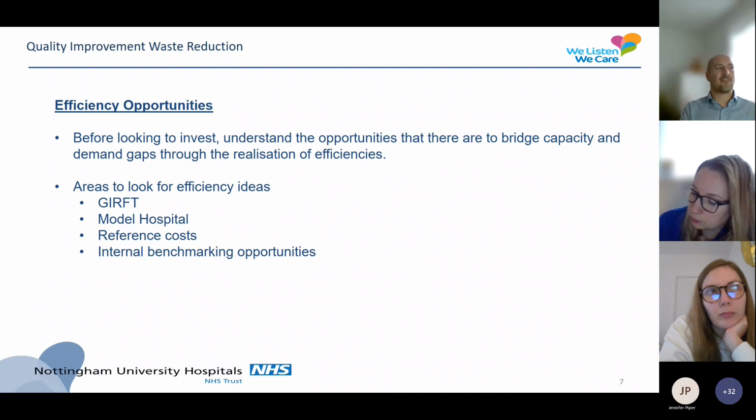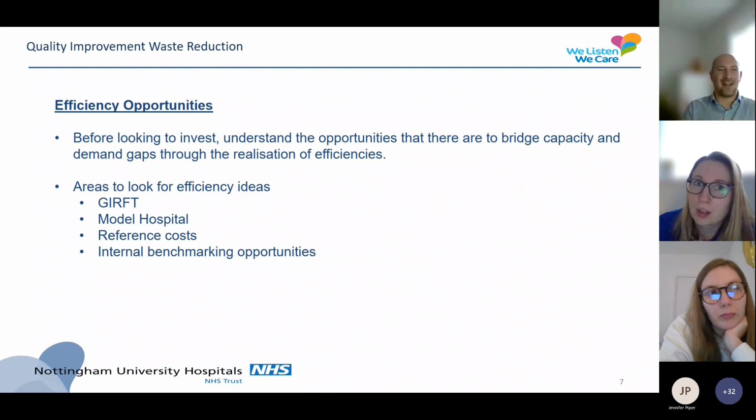But as I say, there are drawbacks because it depends on how different organisations record activity, and whether your area is looking after a nationally recognised specialty. And I know that within NUH we have subspecialties that aren't necessarily recognised elsewhere.